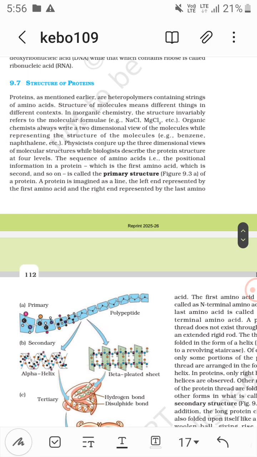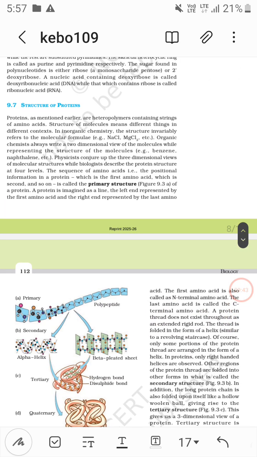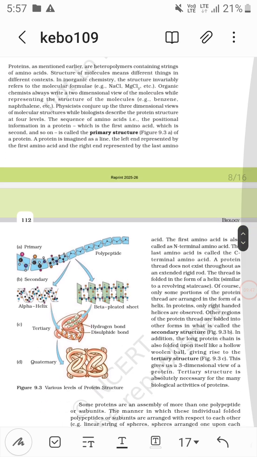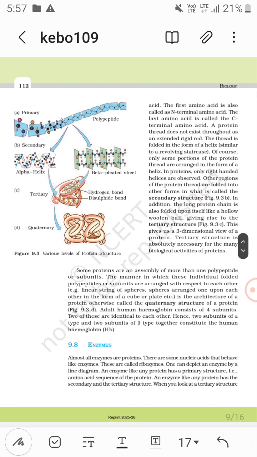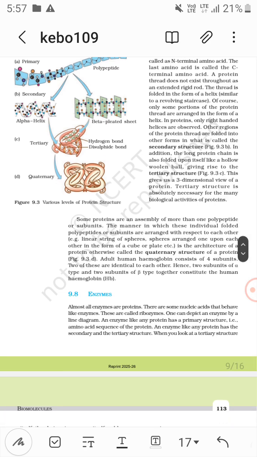Okay, they have primary structure and secondary structure. Now proteins have primary, secondary, tertiary, and quaternary structure. A quaternary structure example is hemoglobin, which has two subunits of alpha type and two subunits of beta type.